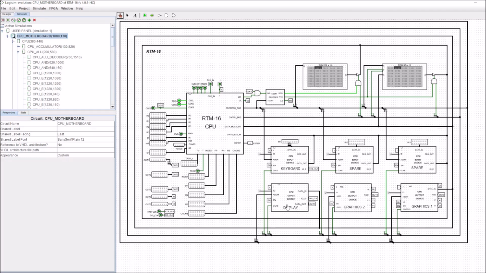Obviously in an actual motherboard it's a lot more complicated, but we've got the basic structure here of some average motherboard. Now what we could have done is taken one of these spare input-output cards and replaced it with an entire floating point unit. So in effect this card here would be a single chip, so there would be a position in order to drop a chip into the motherboard, and that chip would be our floating point unit.